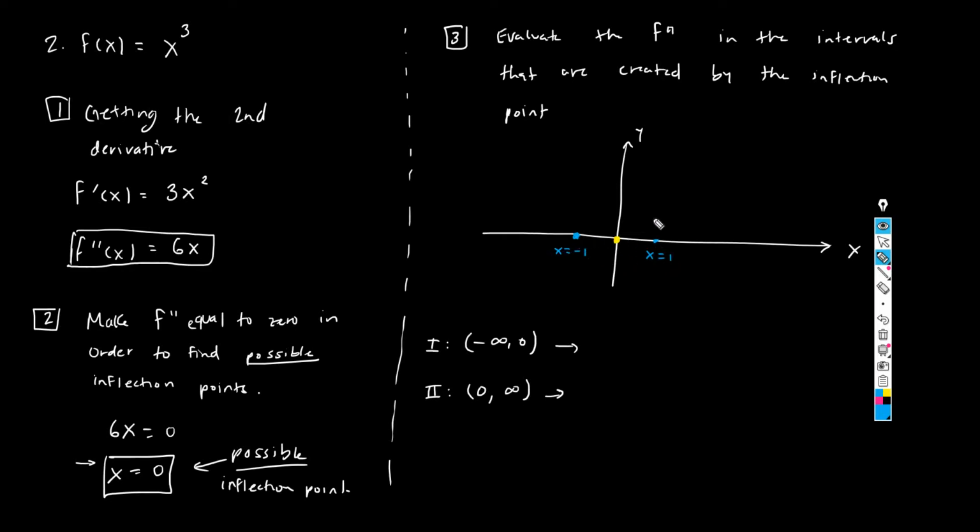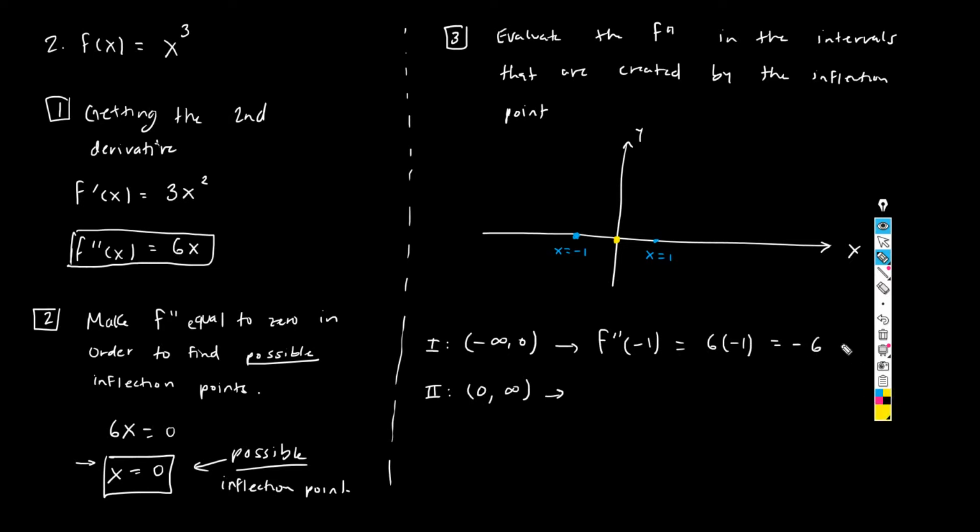Remember, any choice works as long as it is within the interval that you're analyzing. So for the first interval, I'm going to choose minus 1, and evaluate my second derivative at that number. My second derivative is 6x. So I plug the minus 1 right there, and I get minus 6.